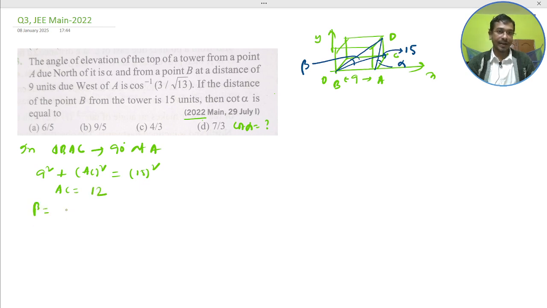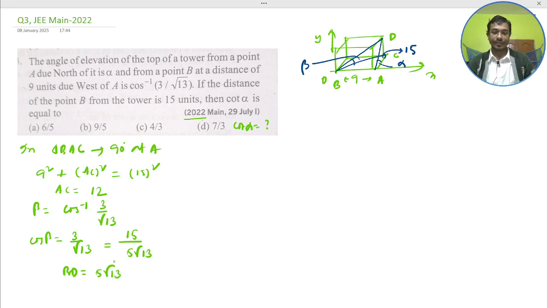So beta is given, this is cos inverse 3 by root 13. So we just calculate the cos beta, 3 by root 13. So I just multiply both sides by 5, so 15 by 5 root 13. So BD would become what? That 5 root 13.